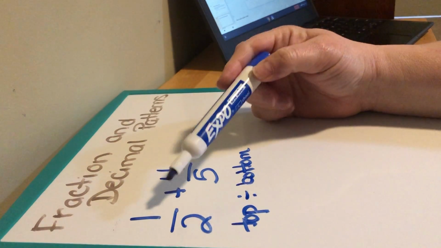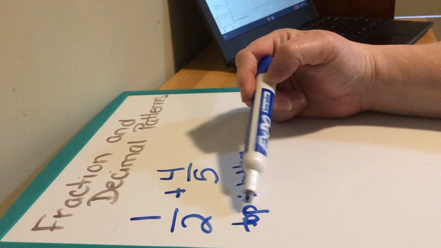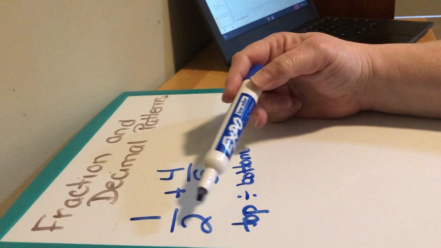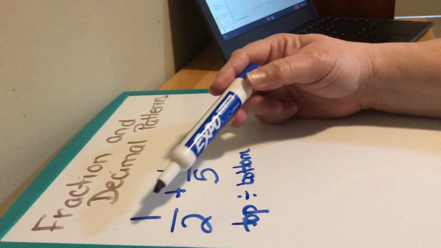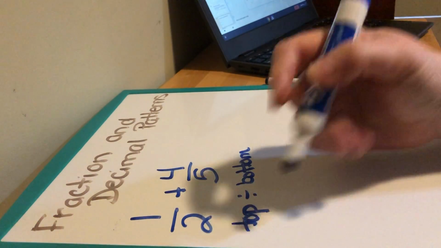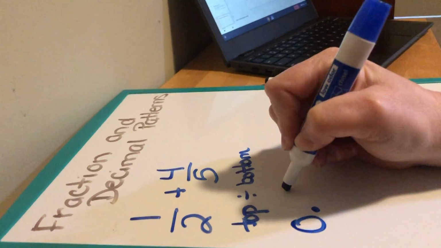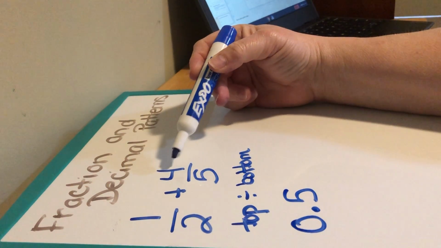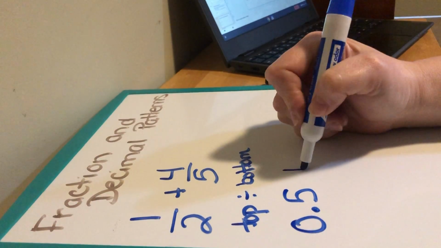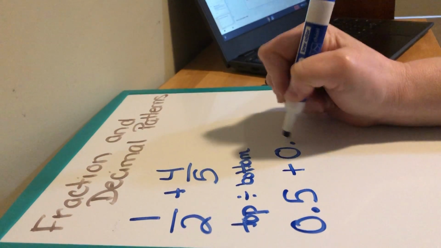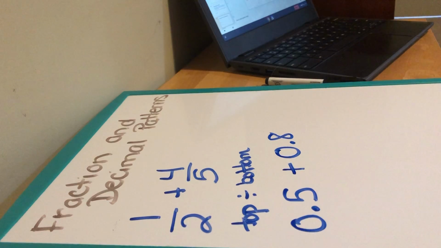So to find the decimal equivalent of a fraction, I can always, if I don't know them off by heart, do the top of the fraction divided by the bottom of the fraction. So if I did into my calculator, 1 divided by 2, I would get the decimal of 0.5. If I did 4 divided by 5 into my calculator, I would get a decimal of 0.8.